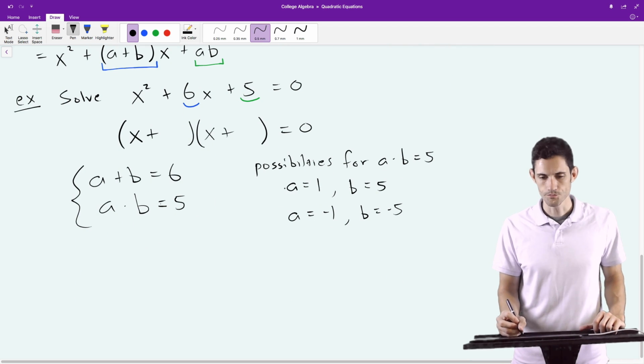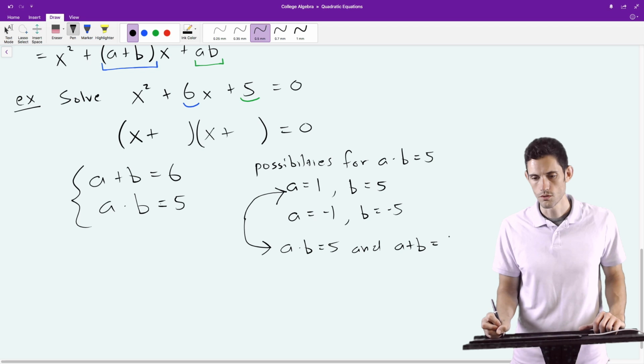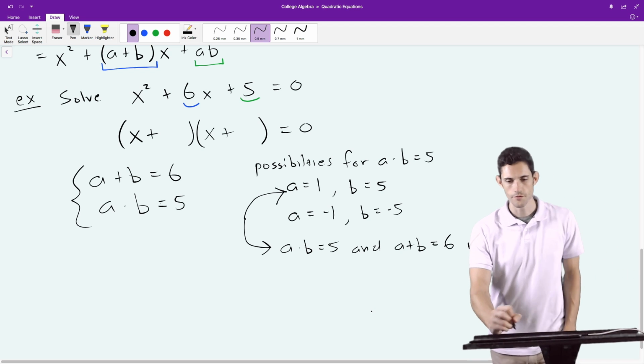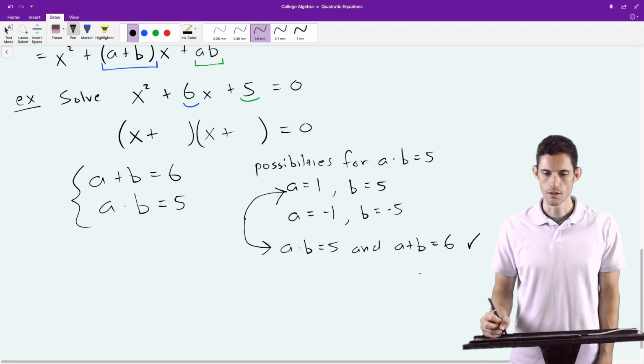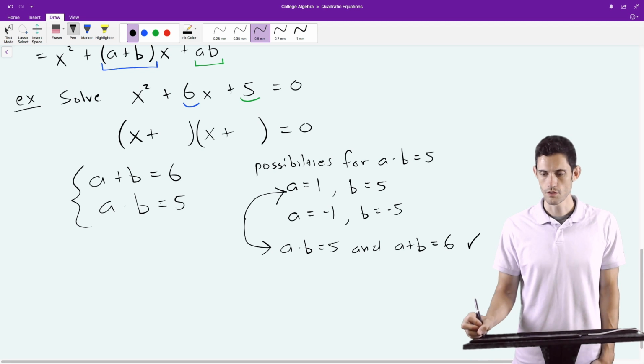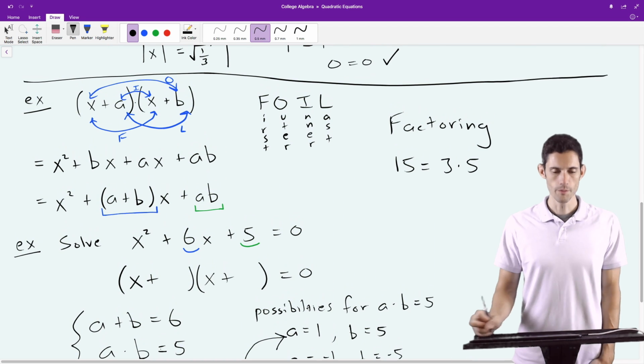And in fact, if you look at this pair, you get A times B equals 5 and A plus B equals 6. So that works. Great. So it's A is 1, B is 5, or vice versa. Doesn't matter.